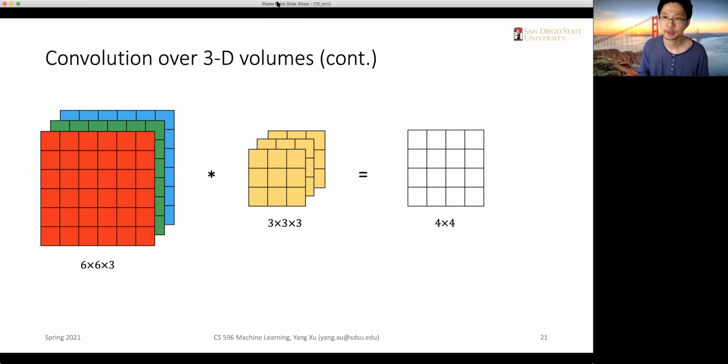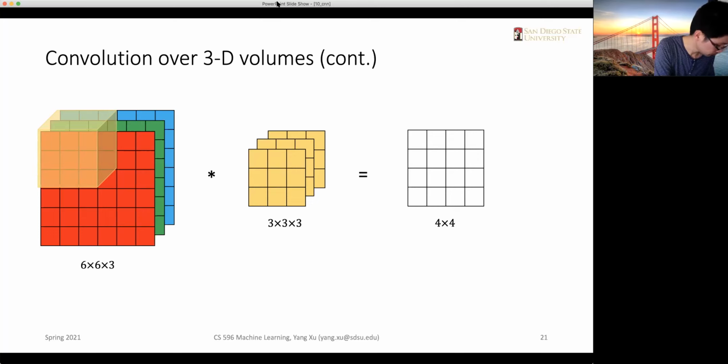This time we are not sliding a two-dimensional window, but a three-dimensional cube window. We'll slide this cube within these multiple-channel inputs. That's the first position of where we put the filter.